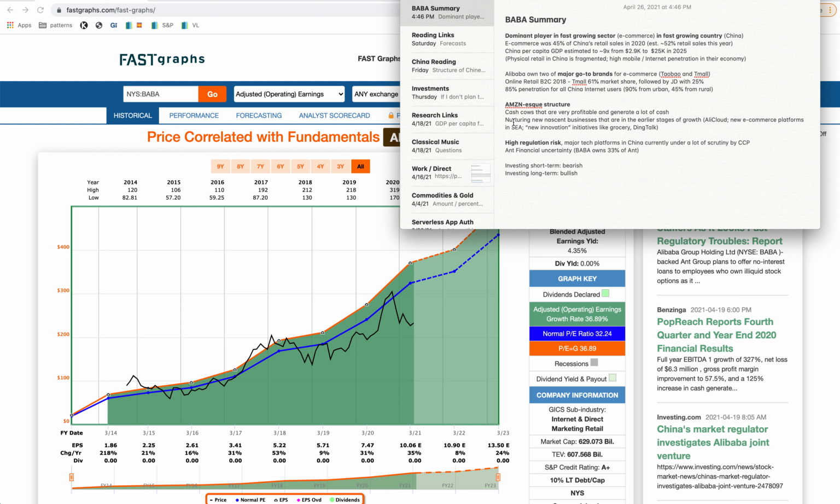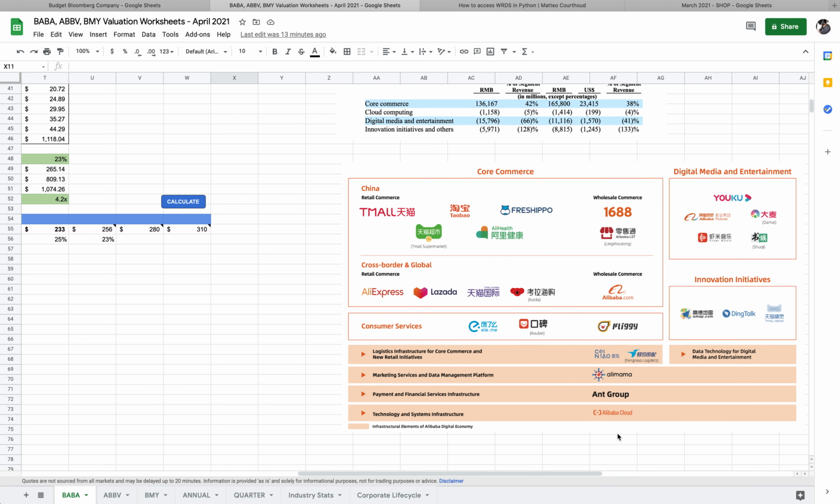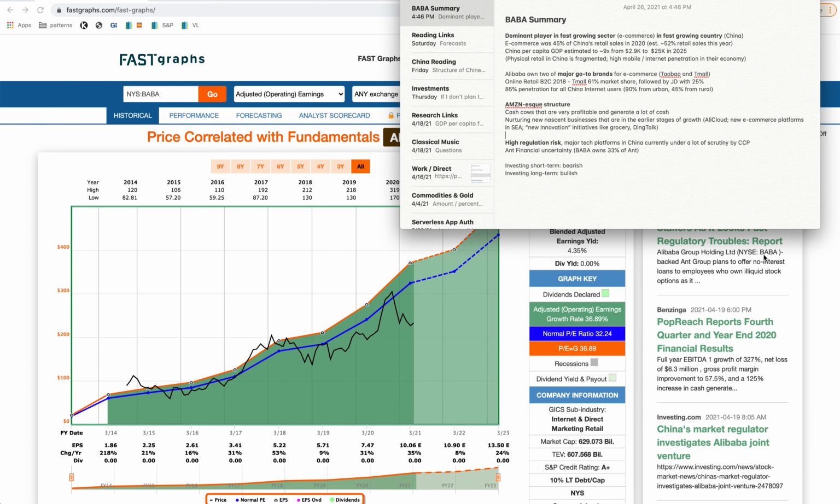And they are using a lot of that cash flow to nurture new nascent businesses, things like Alibaba Cloud, their logistics business, these new e-commerce platforms they're trying to spin up, Youku and video, and all these side businesses and projects that they have.